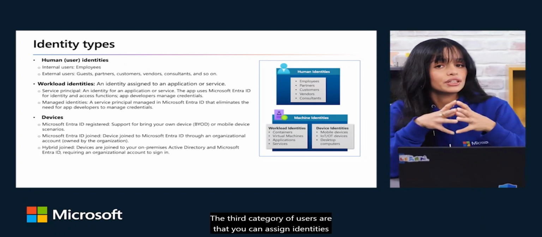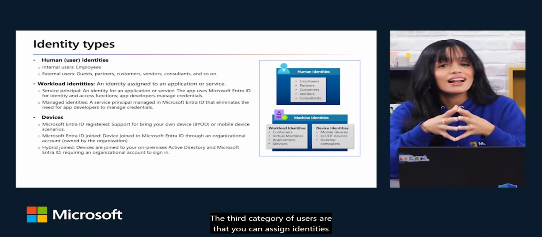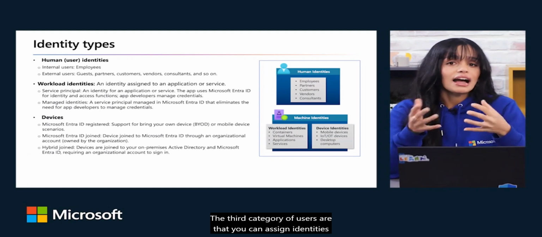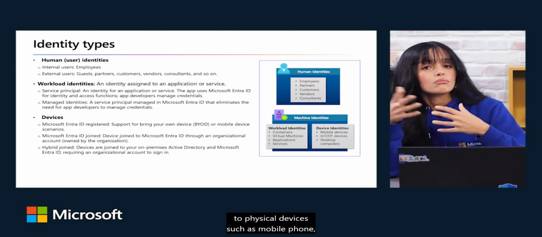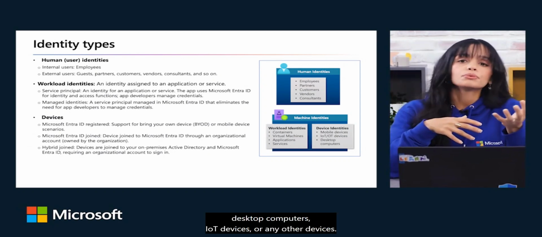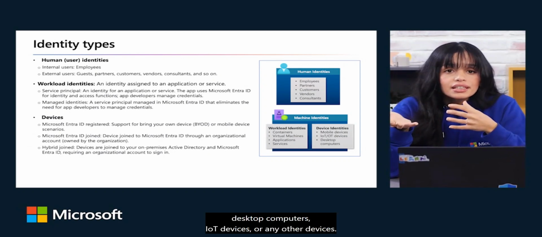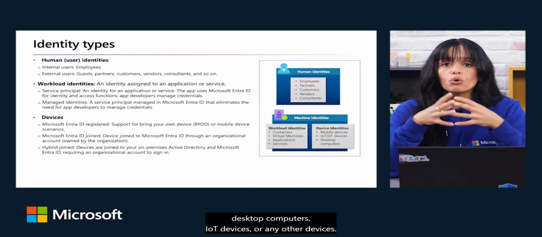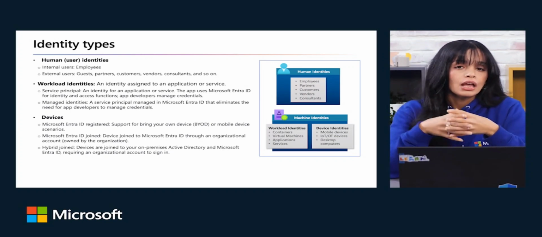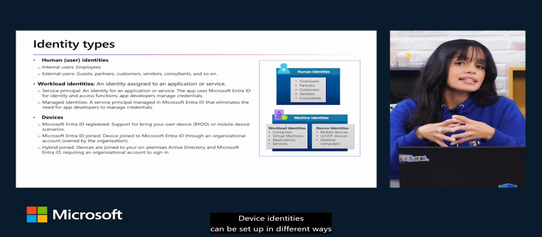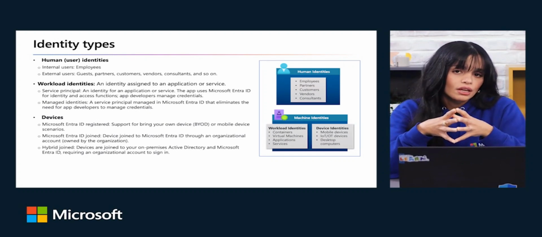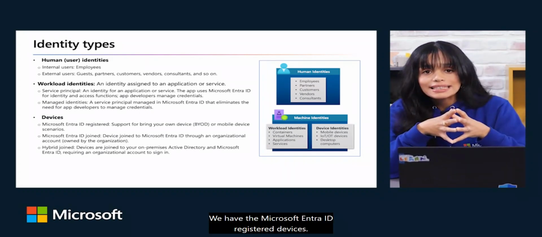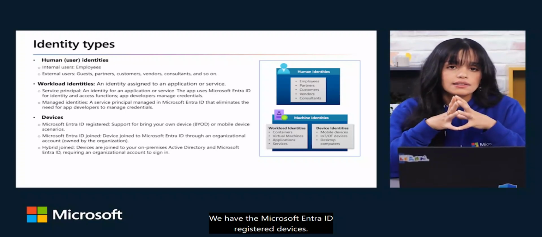The third category that you can assign identities to is physical devices, such as mobile phones, desktop computers, IoT devices, or any other devices. Device identities can be set up in different ways in Microsoft Entra ID. We have Microsoft Entra ID registered devices.